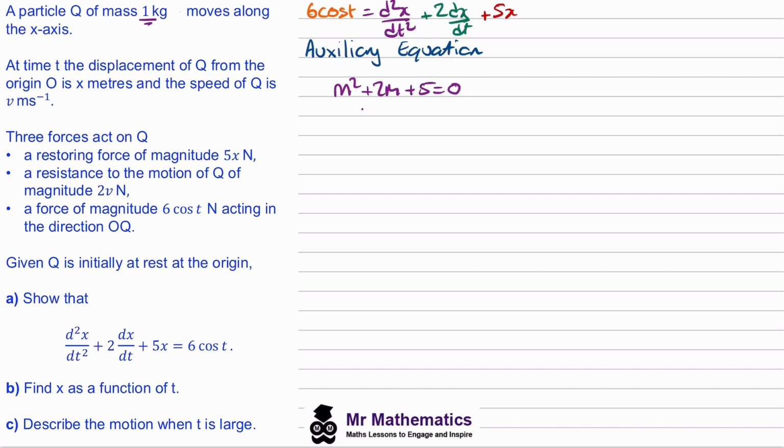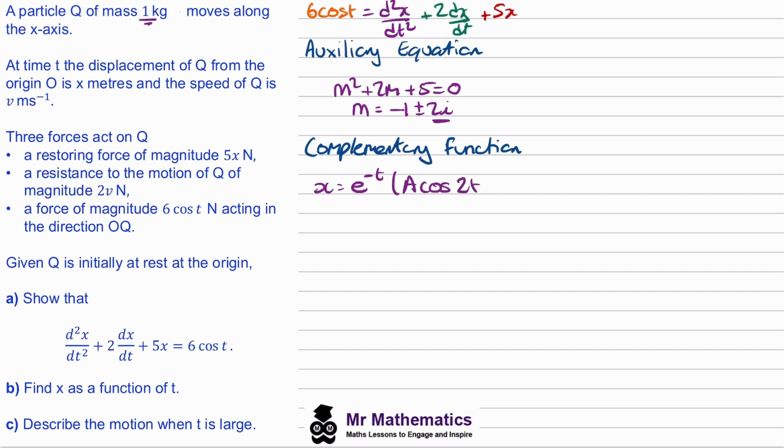When we solve this, we get complex solutions. m will equal minus 1 plus or minus 2i. So our complementary function will have x equal to e to the power of our real part, negative 1, multiplied by A cos 2t plus B sin 2t. So that's our complementary function.